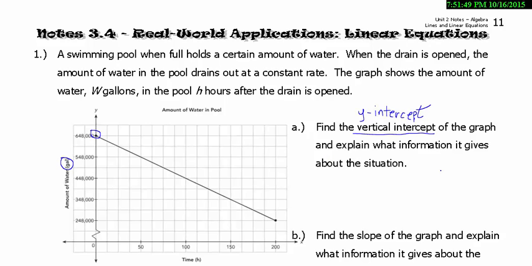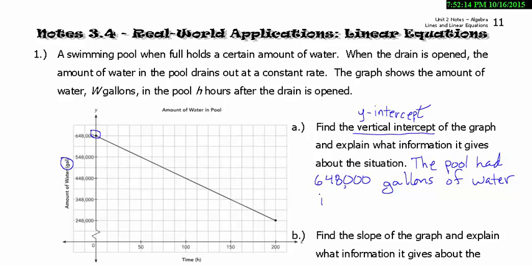And so what information this gives for us is the pool had 648,000 gallons of water initially.